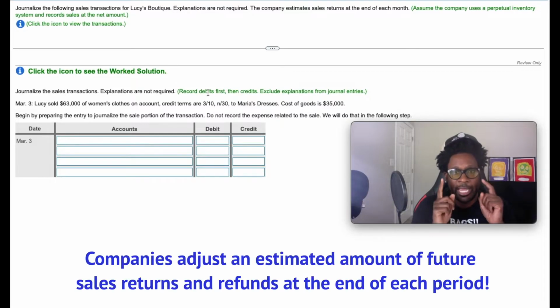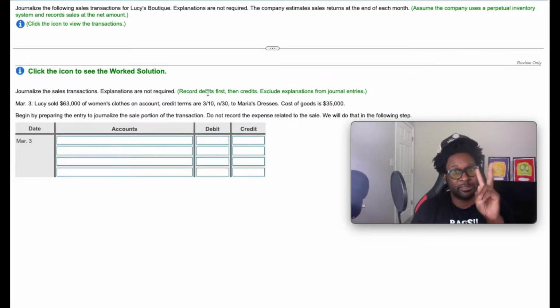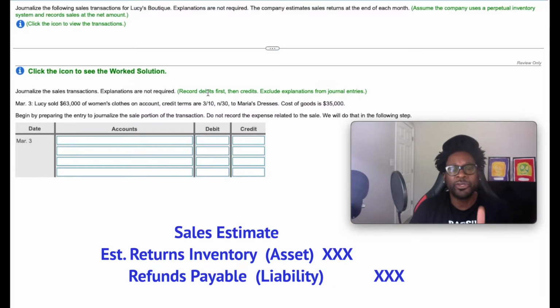So, at the end of each period, companies make estimates based on the amount of inventory they expect to be returned, thus affecting two accounts: your refunds payable and your estimated inventory returns. Refunds payable, just like the name tells us, is a liability.